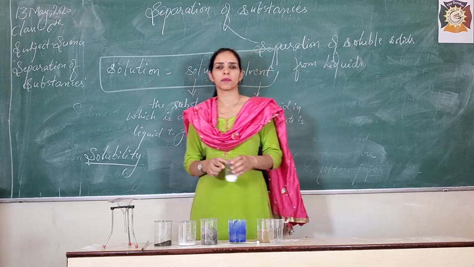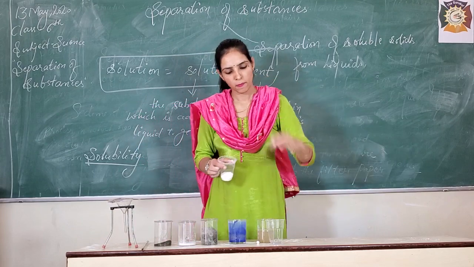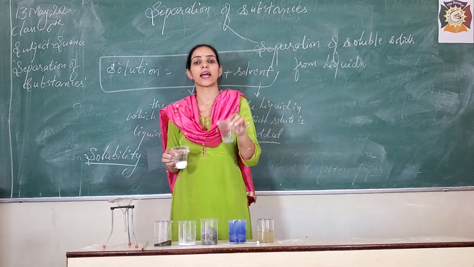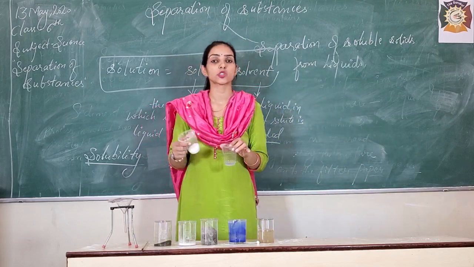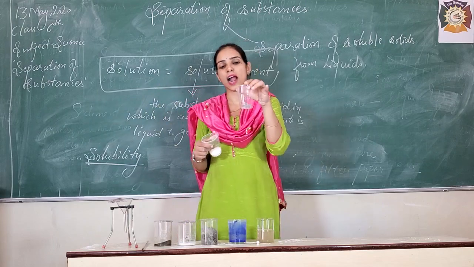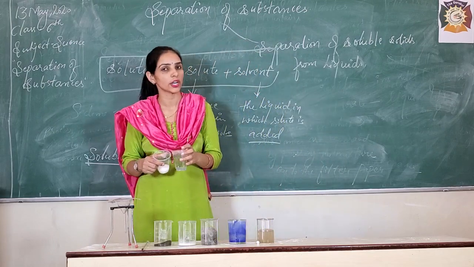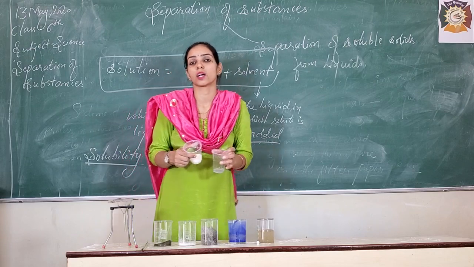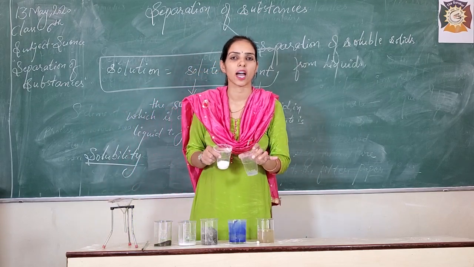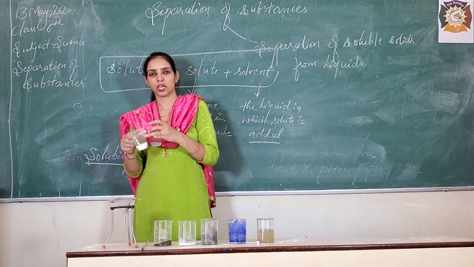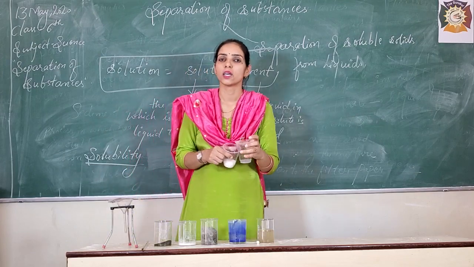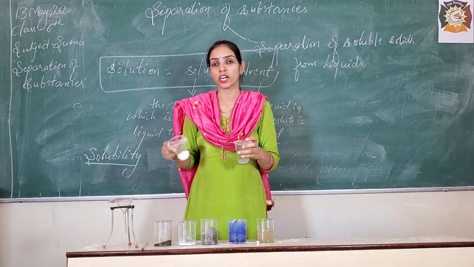substance. Now let me ask you, if I have given a cup of water and I am asking you to add 2 cups of sugar to this 1 cup of water, can you do it? No, this cannot be done because there is some limit up to which you can add sugar into the water. Beyond that limit, you cannot add.